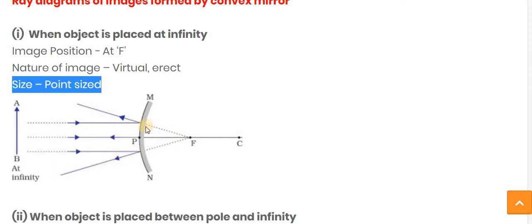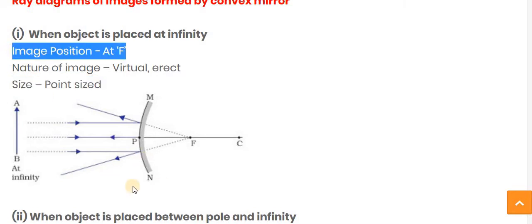But if we draw the imaginary line and extend it straight, then we can find that both the rays meet at the F, meaning the focus. So we can give the answer that the image position that we find is at the F, if we are keeping our object at infinity.